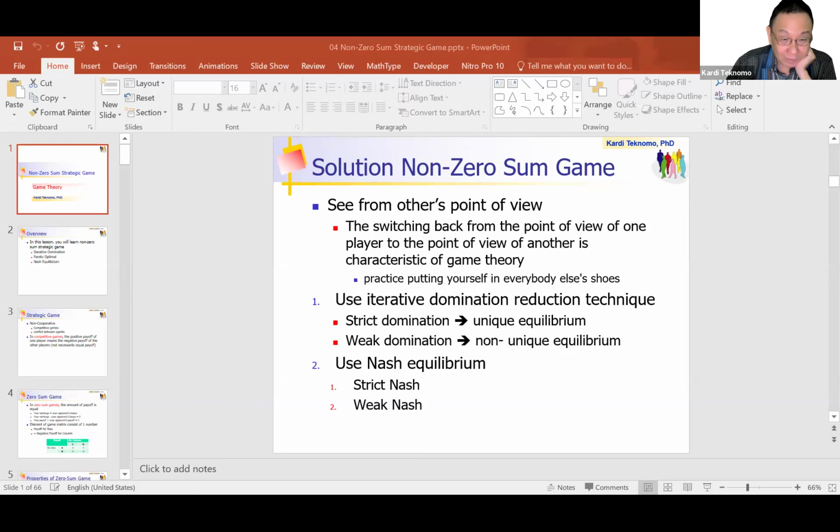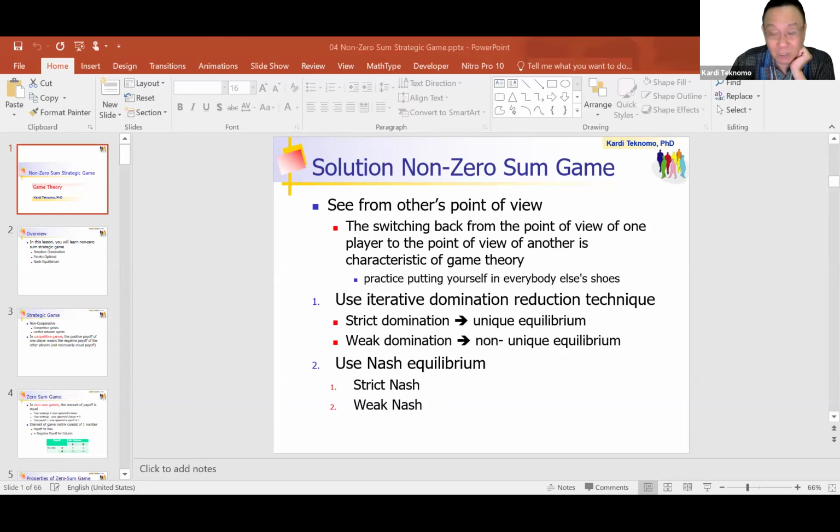Look at this. When we say domination, it can be strict or weak. Strict means larger than, without equality. Weak means there is equality. Equilibrium can be strict or weak. When you have strict domination, you will get a unique equilibrium.